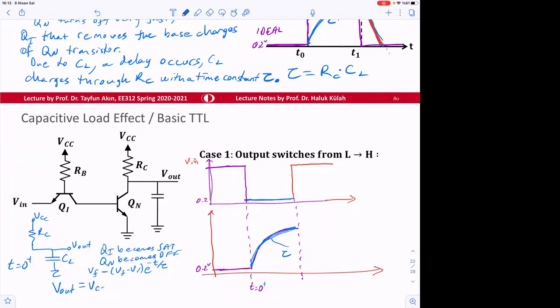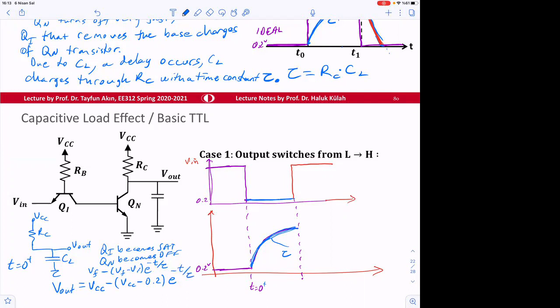5 volt VCC. Yes. Minus V final is VCC, V initial, 0.2, e to the power minus t divided by tau. Okay.